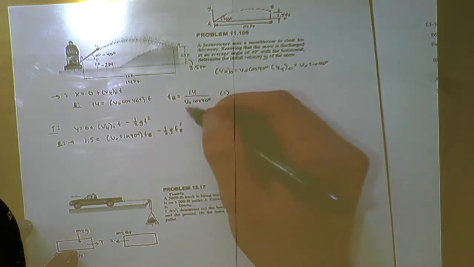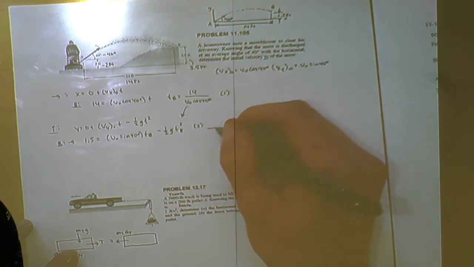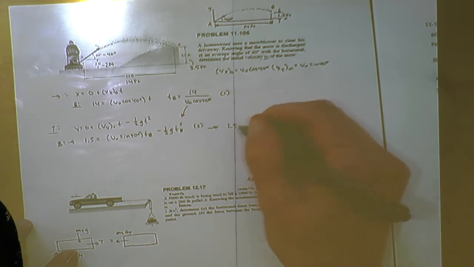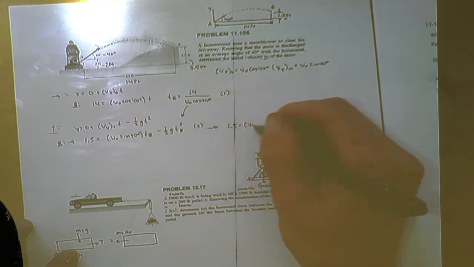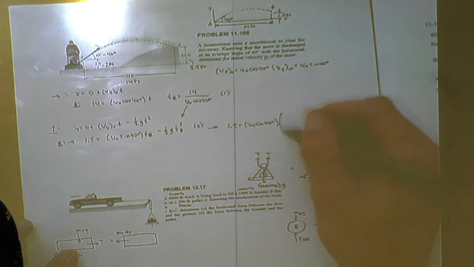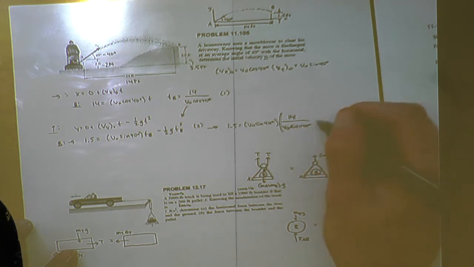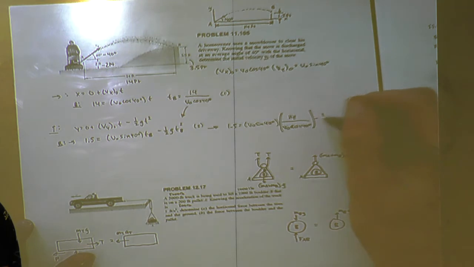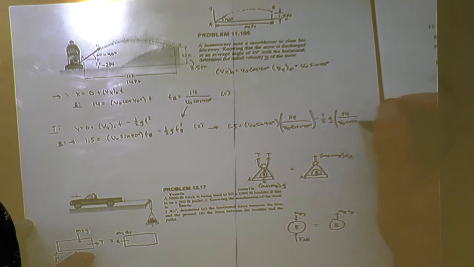And then we're going to substitute this into the second equation. It's going to give us 1.5 equals VO sine of 40 degrees times 14 over VO cos of 40 degrees, minus 1/2 g times 14 over VO cos of 40 degrees, squared.